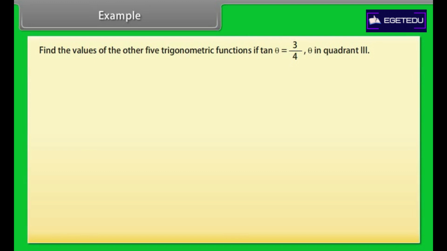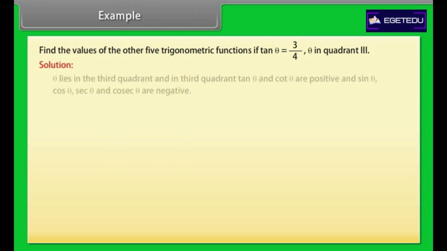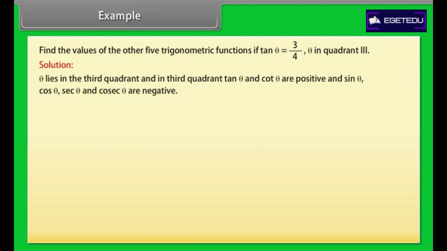Example. Find the values of the other 5 trigonometric functions if tan of theta is equal to 3 by 4, theta in quadrant 3. Solution. Theta lies in third quadrant, and in third quadrant, tan theta and cot theta are positive, and sin theta, cos theta, sec theta and cosec theta are negative. Tan of theta is equal to 3 by 4.